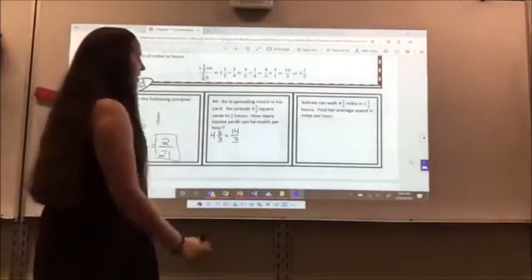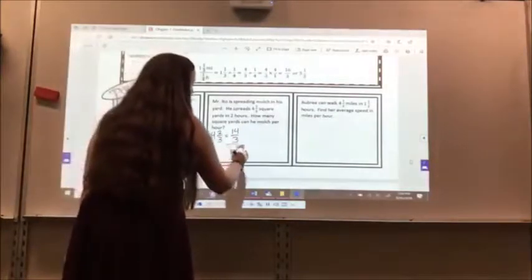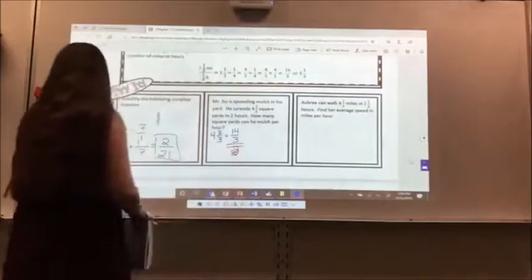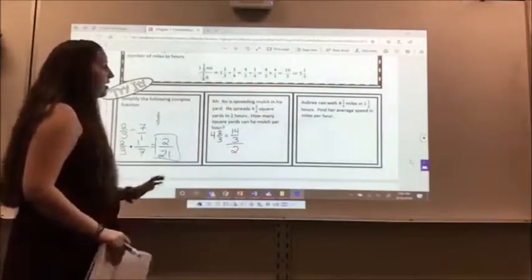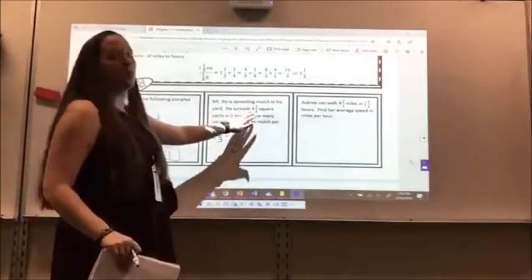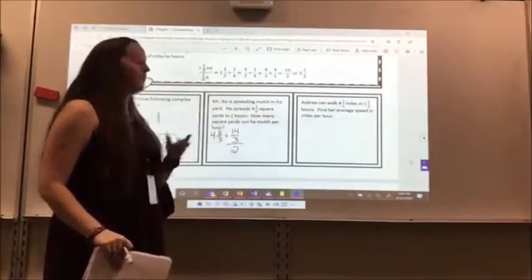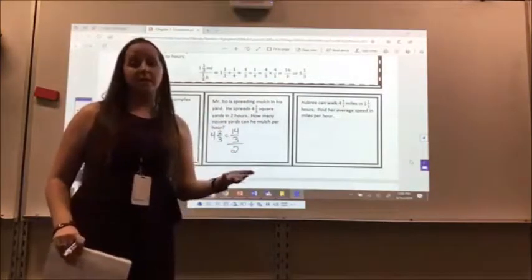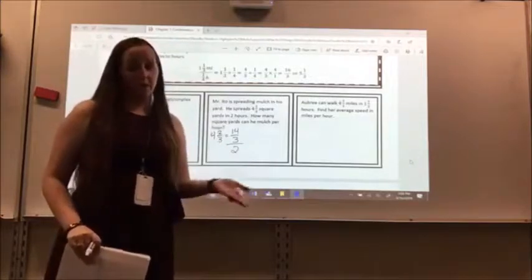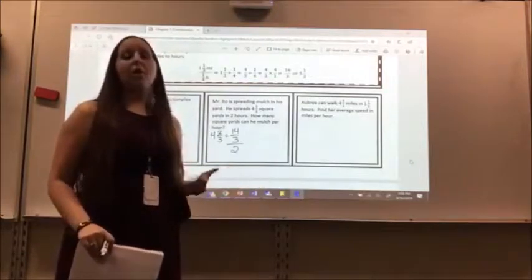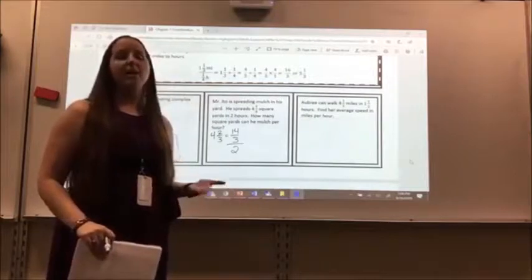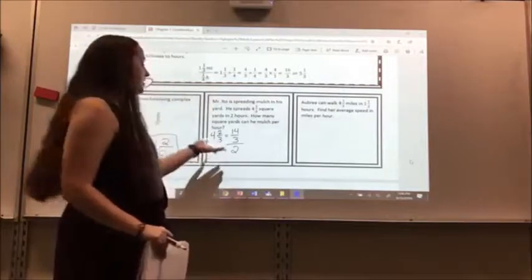And then I'm going to write it over 2. Now the reason I did this, he's spreading the 4 2/3 square yards in 2 hours. So when I want to find for 1 hour, I need to find a unit rate. Well, we talked about unit rates being just dividing. All I want to do is have 1 in the denominator. In order to do that, I need to divide.